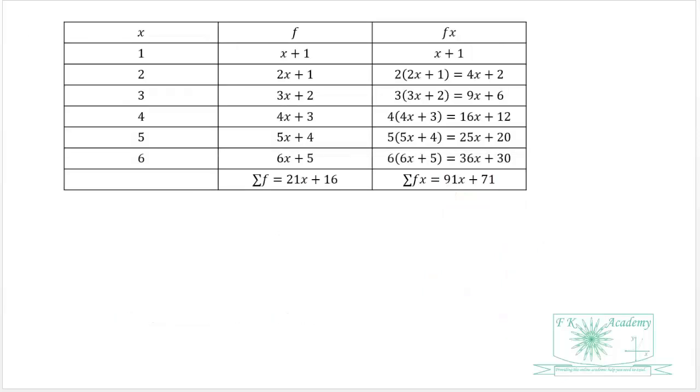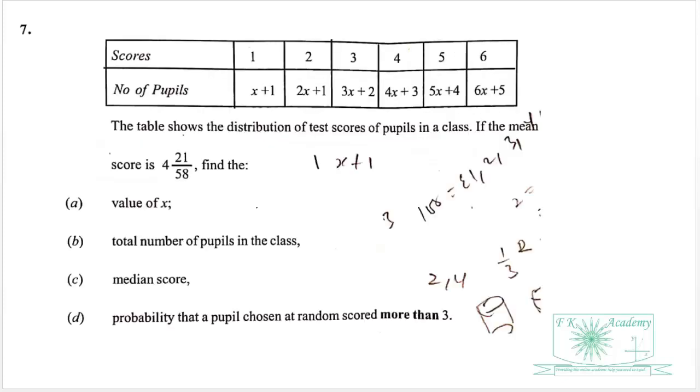So we can organize the data into this table. The score is x, frequency f, our number of pupils. Then we have the fx, which is this column times this column, or these values times these ones.